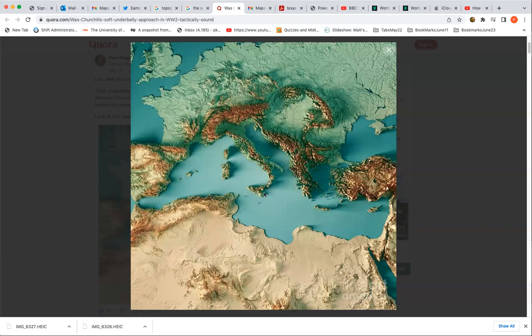Hitler was pretty sure that it would occur in Sicily, but what the British do, and it's a brilliant piece of espionage, is convince Hitler that instead of the attack happening in Sicily, which it does in July of 1943, the Allies are going to attack either further east or in Corsica, further west.